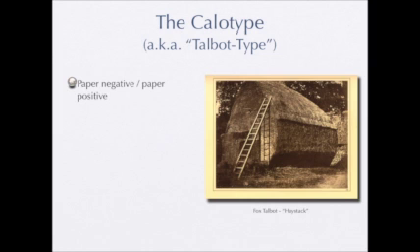It was a paper negative, paper positive process, and we've talked about this, so I won't dwell on it too much, but the big advantage was that it was reproducible, but its disadvantage was that it wasn't very sharply detailed, because you're taking a piece of paper that's your negative, printing through it to another piece of paper that has been sensitized with silver and salt, and the fibers of that paper will diminish the quality of the original negative.